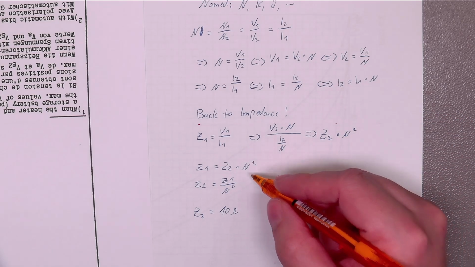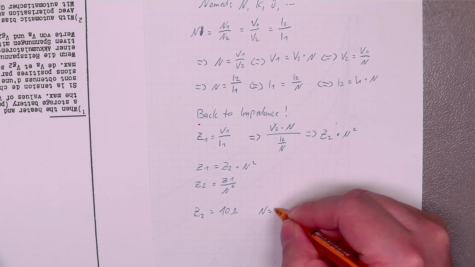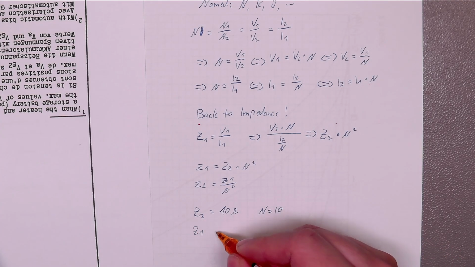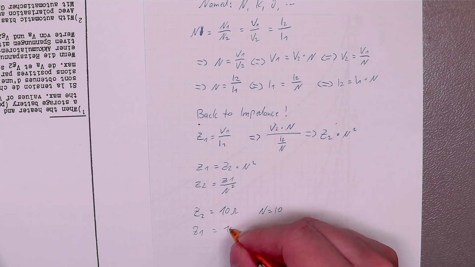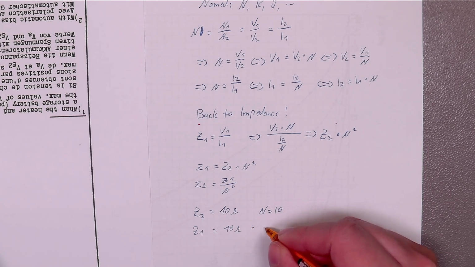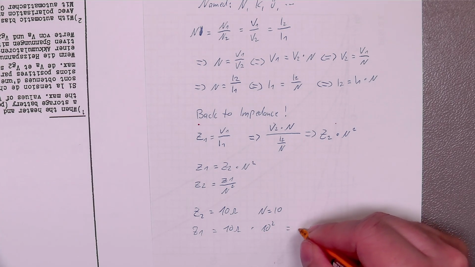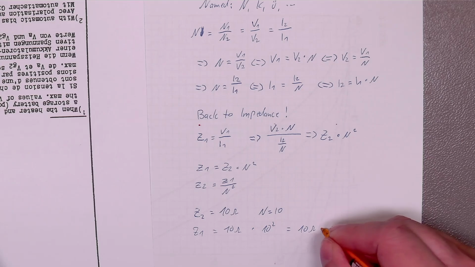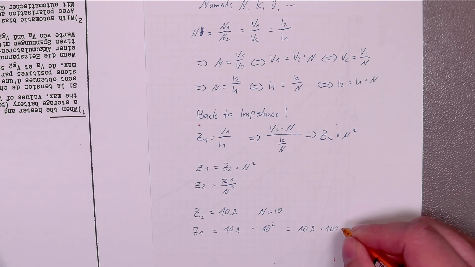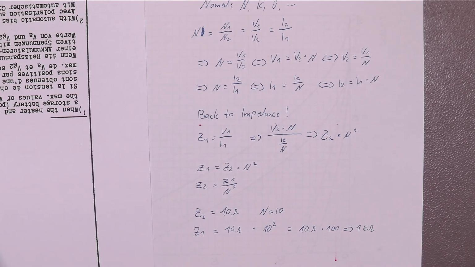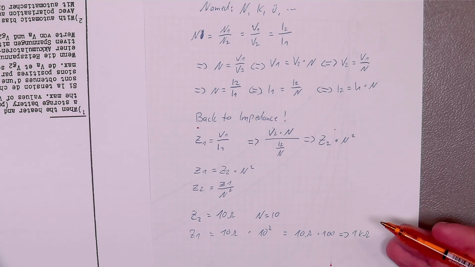So we have N is 10 as well. We know that our primary impedance must be 10 ohms times 10 squared. So that is 10 ohms times 100. So we have 1 kilo ohms for this transformer. Simple, isn't it?